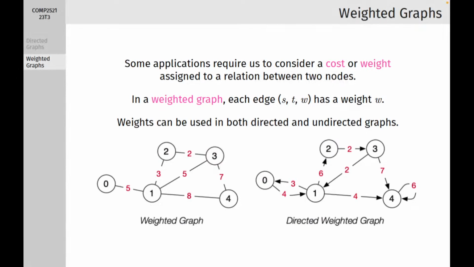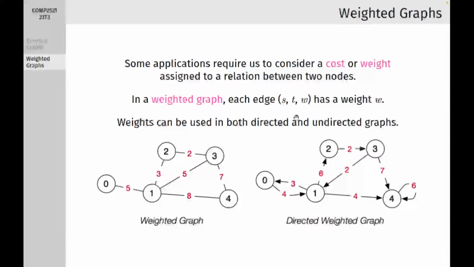All right, now just a little bit on weighted graphs. Why do we have weighted graphs? Well, some applications require us to consider a cost or weight. For example, roads have a length. If you represent a road network using a graph, then your edges would be weighted.